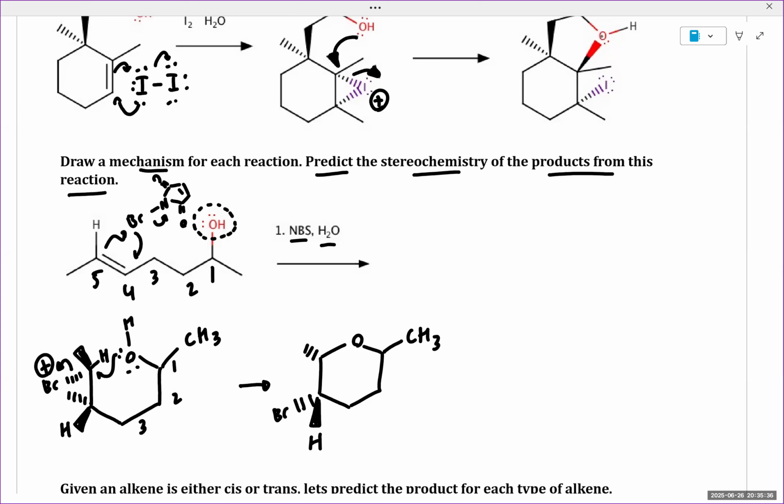And that in turn gives us the following product. Noting that the oxygen and the bromine atom are on opposite faces. You will also observe the enantiomer as well.